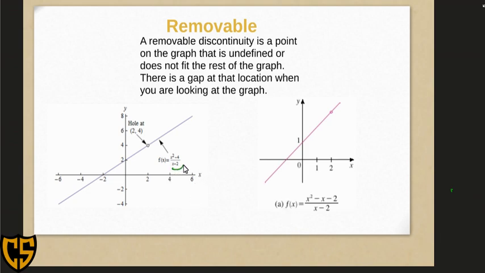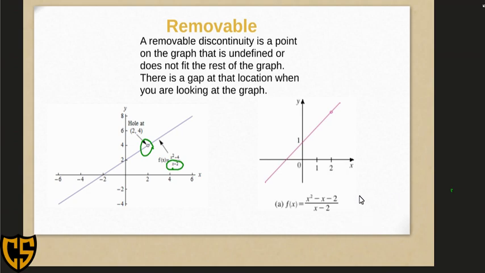For example, our equation is indeterminate if the value of x is 2. So there cannot be a value there because our function is indeterminate. So we leave it as a hole. This is what we refer to as a removable discontinuity.